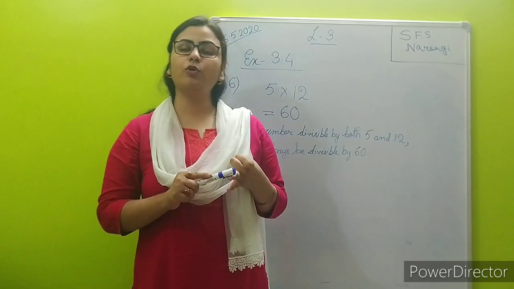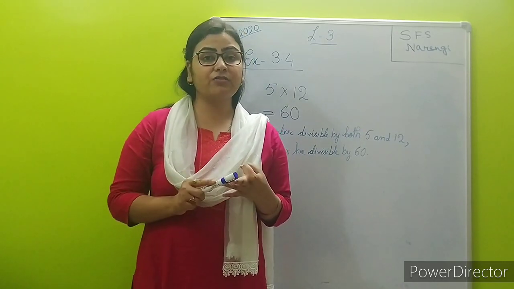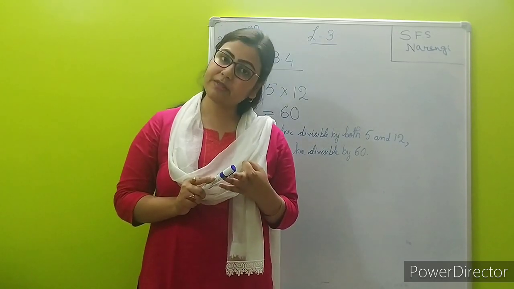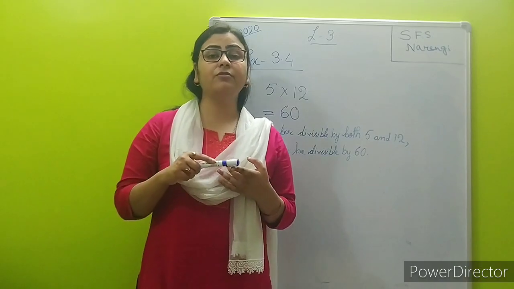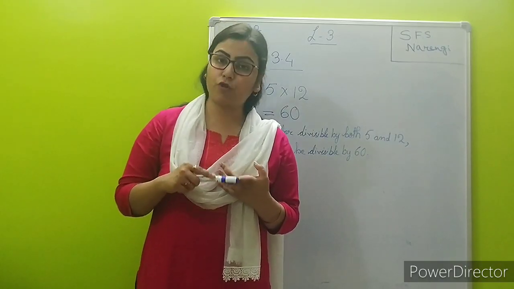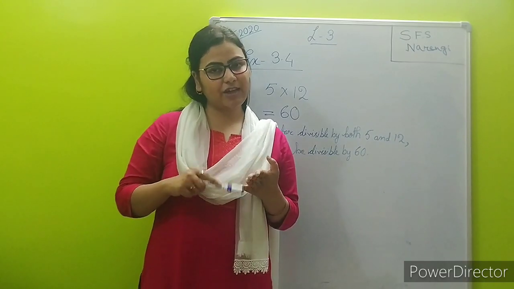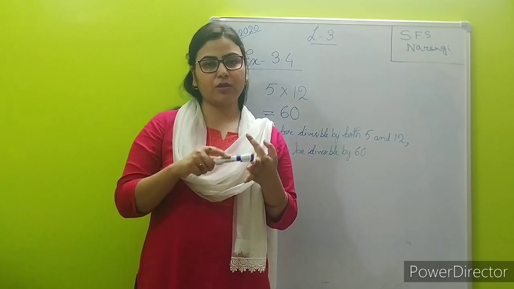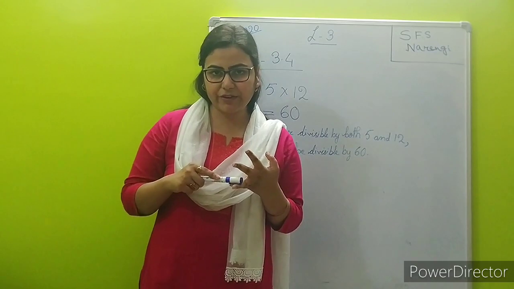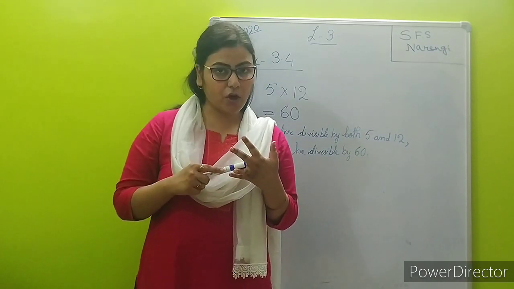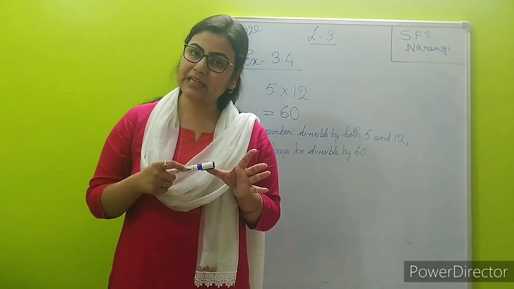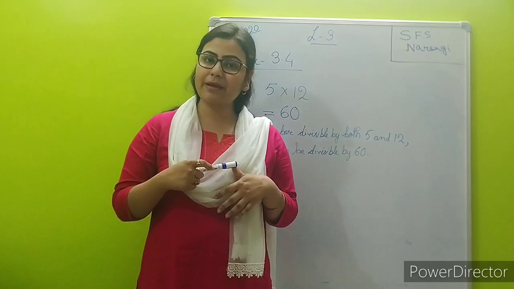12 2s are 24, not divisible by 5. 12 3s are 36. Not divisible by 5. 12 4s are 48. Not divisible by 5. Are any of these, 12, 24, 36, 48, divisible by 5? No, they are not. 12 5s are 60. 60 is divisible by 5.